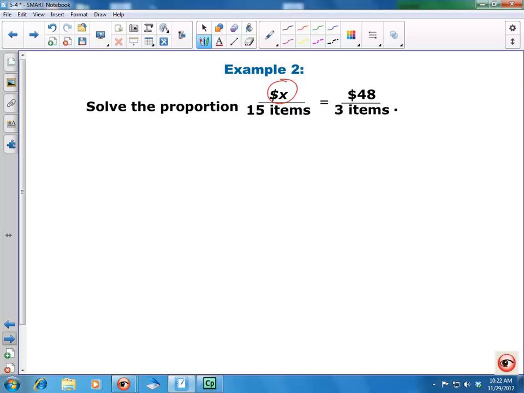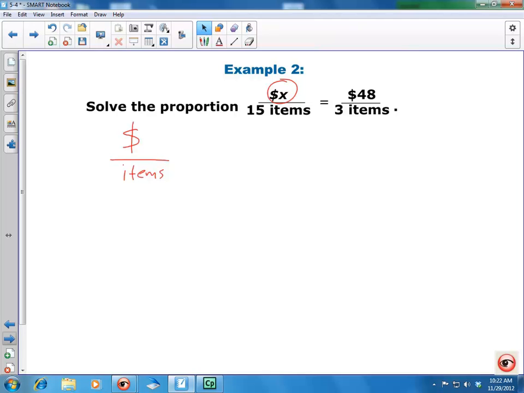On this one, if you notice, money is on top. Your dollars are on top, and the items are on bottom. So if this problem said, like, if Bob bought 3 items for $48, how much would he have to pay for 15 items? Well, you put all your dollars on top, all your items on bottom. That will get you your answer.